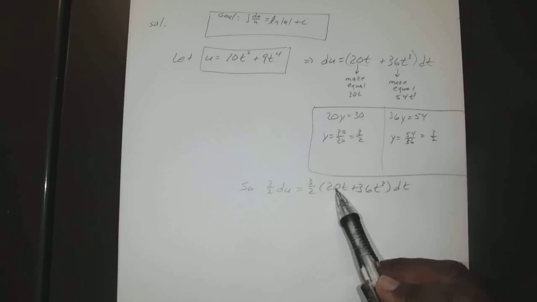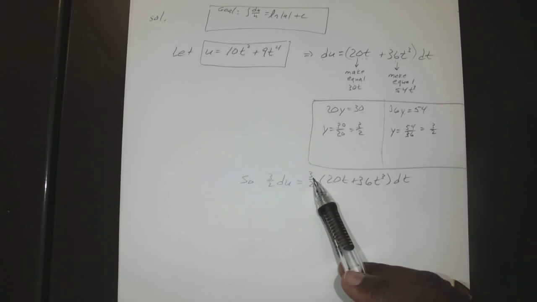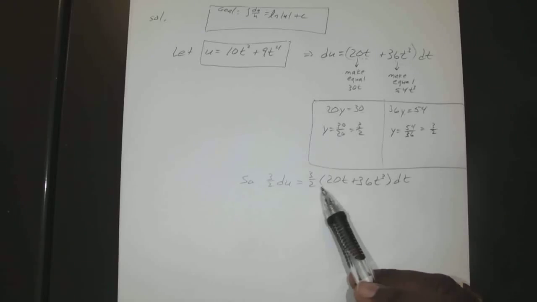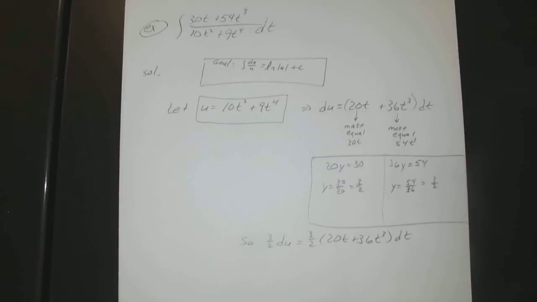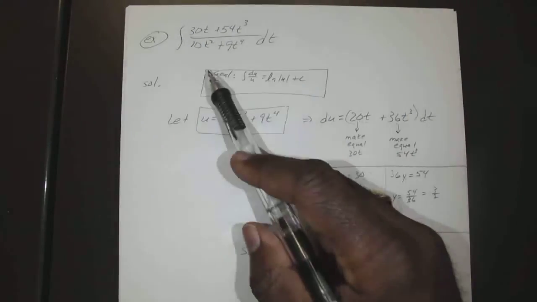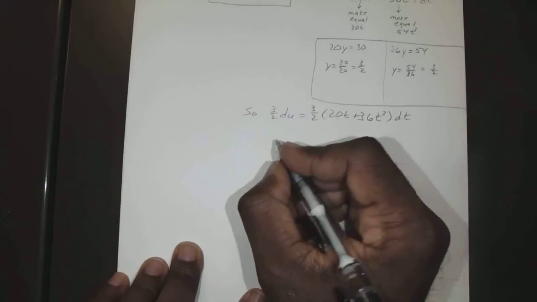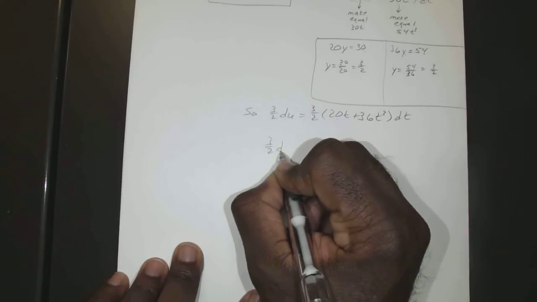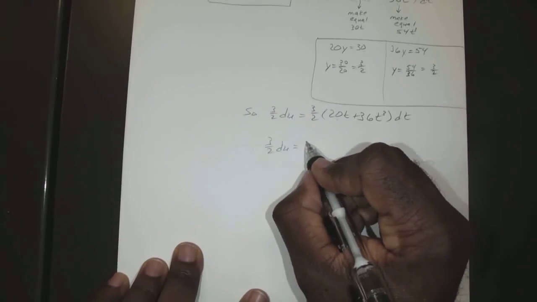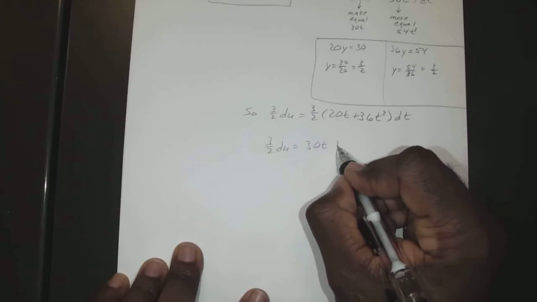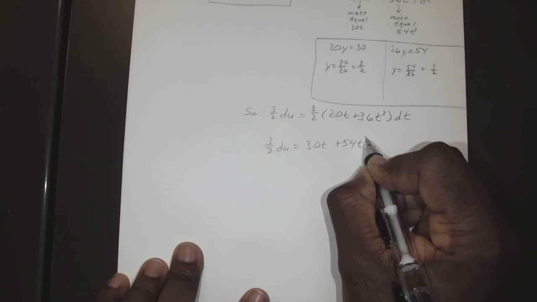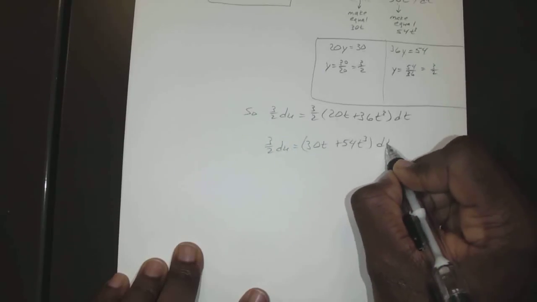And if you actually distribute that 3 over 2, you have 60 over 2, which is 30. And 36 times 3 divided by 2 will give you 54. So that means 3 divided by 2 du actually equals 30t plus 54t to the third with respect to t.